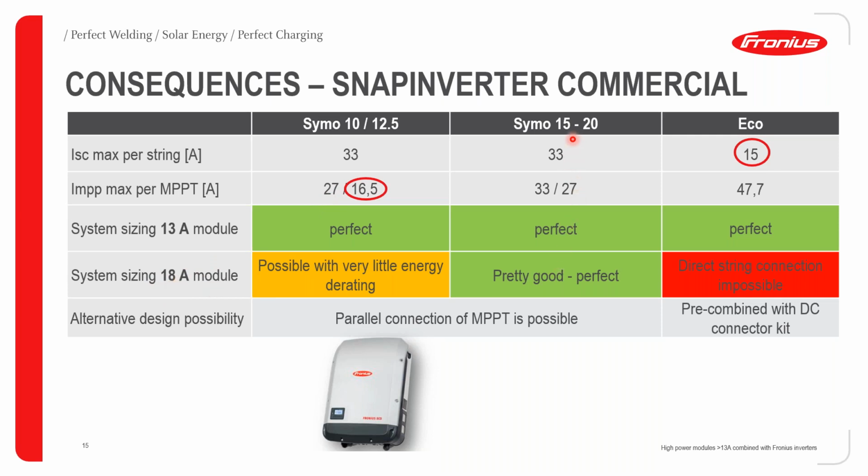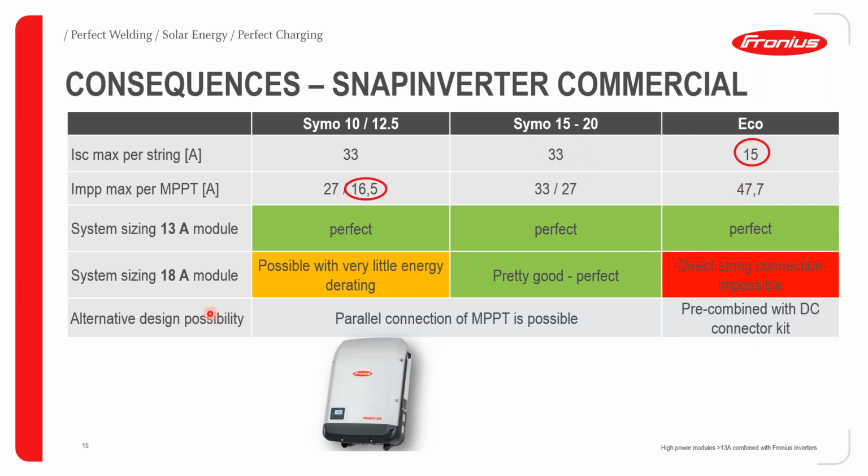When it comes to the Symo 15 to 20 kilowatts, the connection is also pretty good for 18 amp modules, because we can see the current handling capacities per MPPT are quite nice. And also in terms of the string current is also very nice.